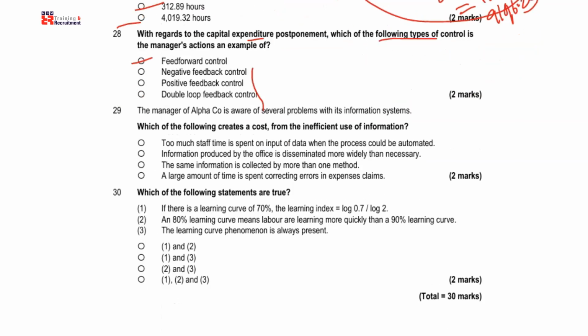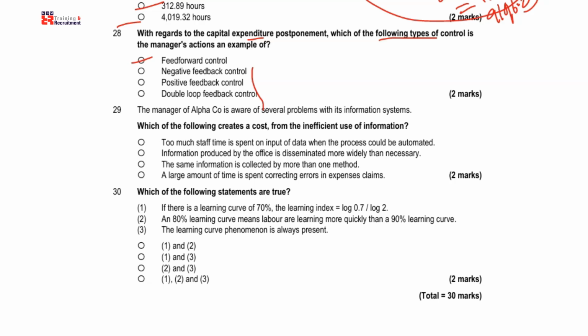29. The manager of AlphaCo is aware of several problems with its information system. The question is, which of the following creates a cost from the inefficient use of information?